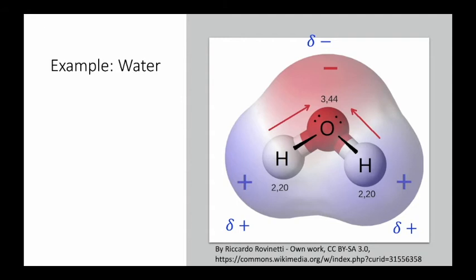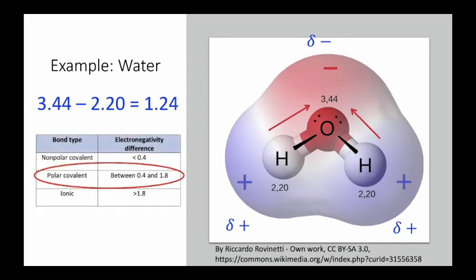The hydrogen atoms get partial positive charges. If you look at the electronegativity differences between oxygen and hydrogen, you get 1.24. This is consistent with the electronegativity difference you would expect for a polar covalent bond.